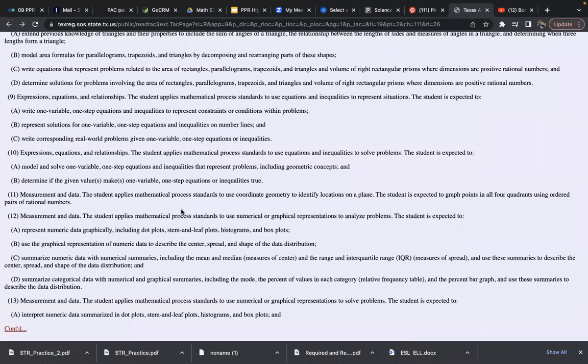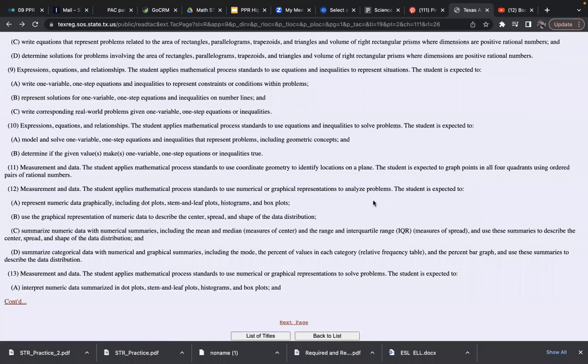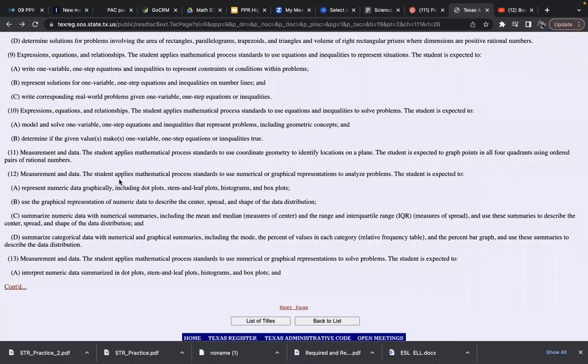The student applies mathematical processes to use coordinate geometry and to identify locations on a plane. So students have to know what a plane is and understand the 4 quadrants using ordered pairs of rational numbers.